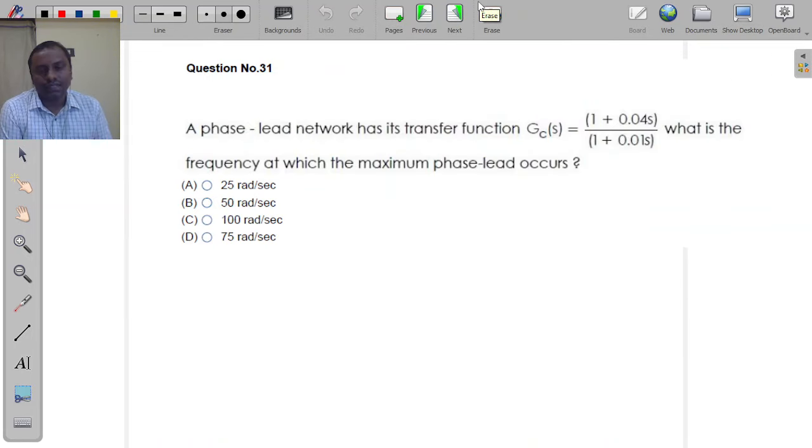Yeah, still there are 10 questions remaining. We'll take a small break. After that, in the next session, we will continue the remaining solutions.